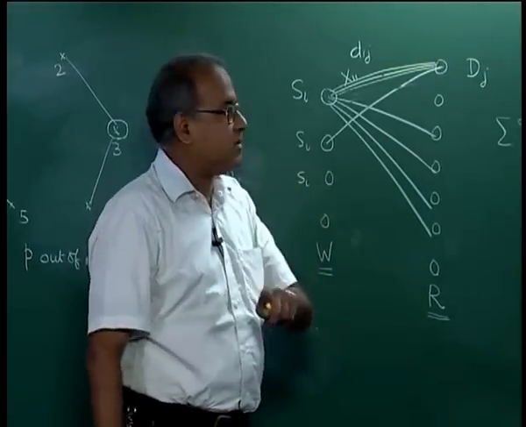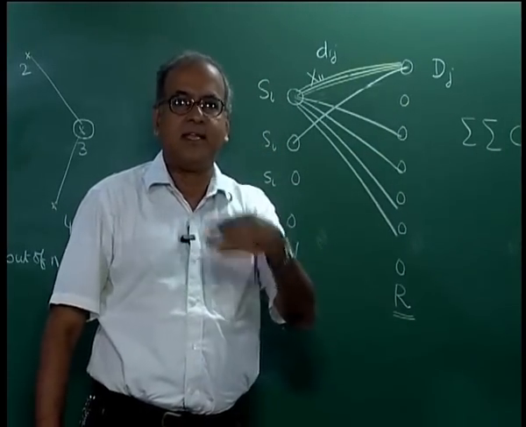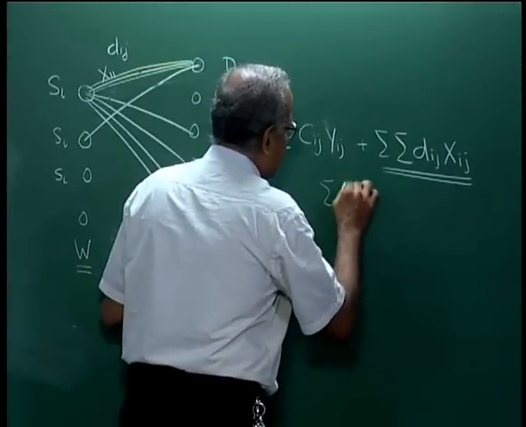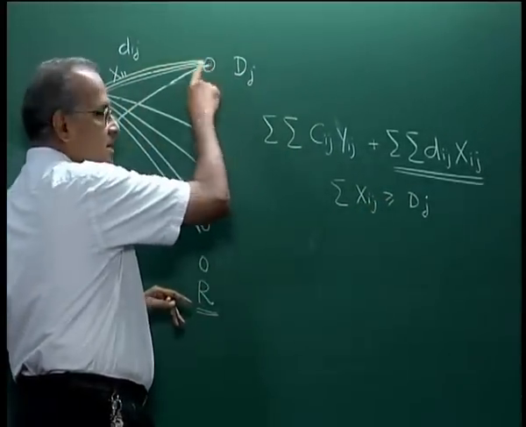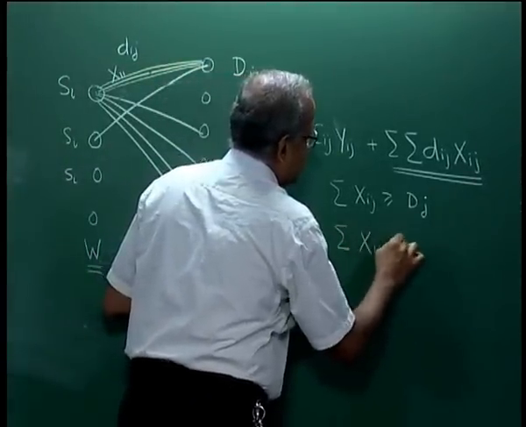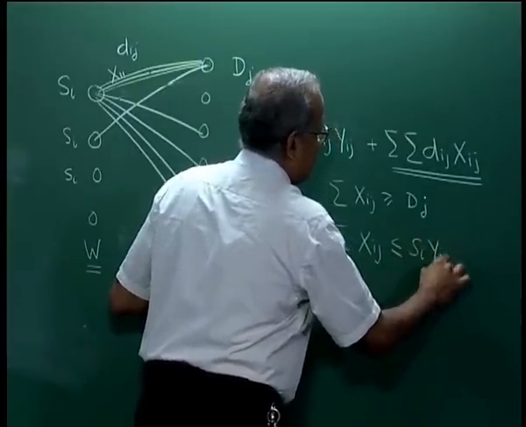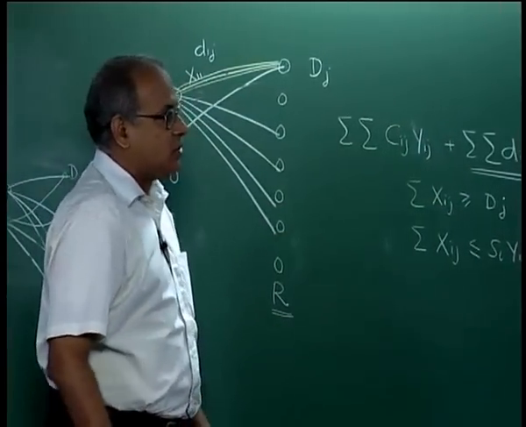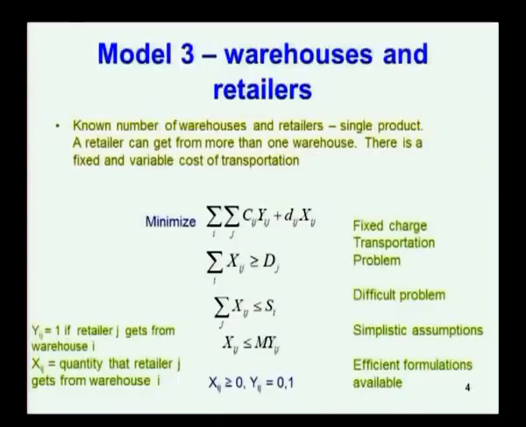Whether I choose to transport is given by the Yij, and the quantity that I transport is given by the Xij. So, the constraints will be that each sigma Xij is greater than or equal to Dj, whatever comes into this will meet this demand, and as far as the other one, sigma Xij is less than or equal to Si Yij. We have shown it as two different constraints, which is Xij less than equal to Si, and then Xij less than equal to M Yij.